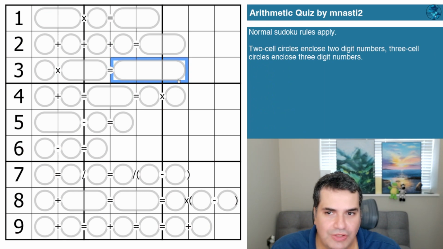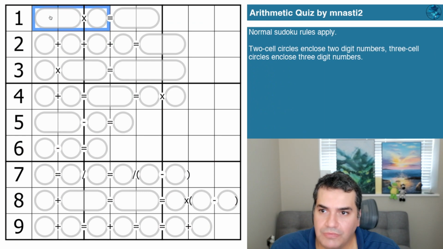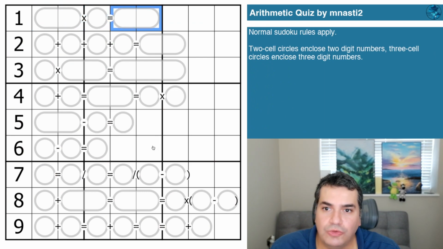Now, what it doesn't say in the rule set is the obvious, that we need to actually make these linear algebra equations make sense. So we have all of the digits 1 to 9. This is a 2-cell digit, therefore it's a 2-digit number. We're going to multiply it by something and we're going to end up with another 2-digit number. And that is all the clues that we have.